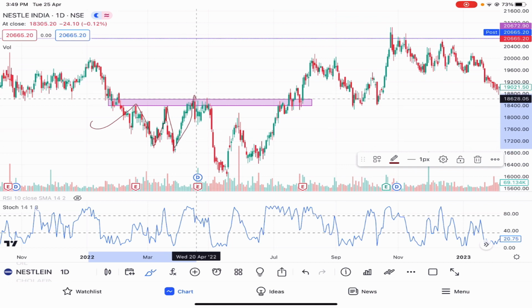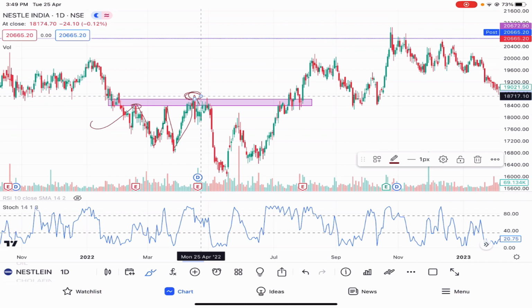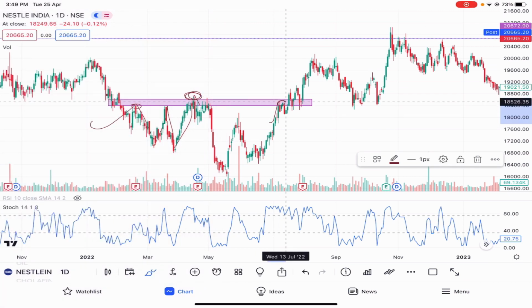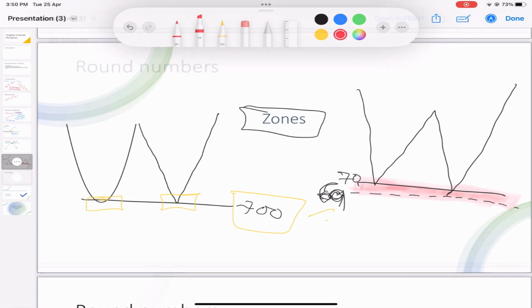Here it took a higher place. So it is starting from here, but it's taking resistance from here also. So that's how I'm creating a zone over here. The zone, again look, it came to the zone, took a resistance, had a small pullback, and then it broke. So that is how you create zones.